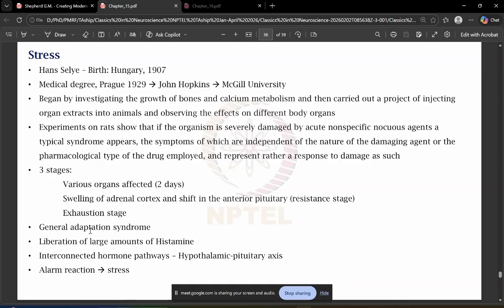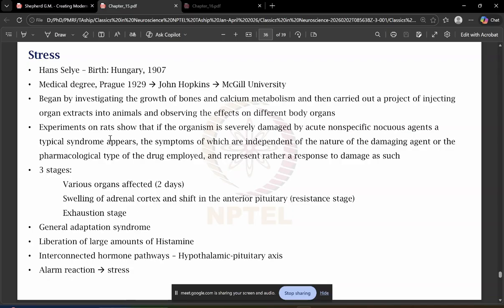So stress refers to a reaction rather than an action. He apparently later regretted using the term, but now we use the word stress almost everywhere, even to discuss our daily experiences.